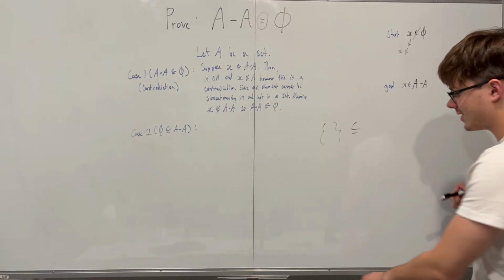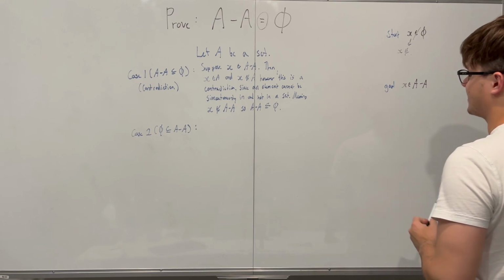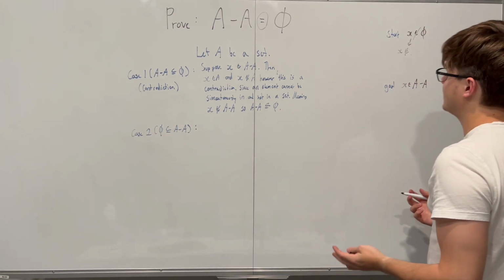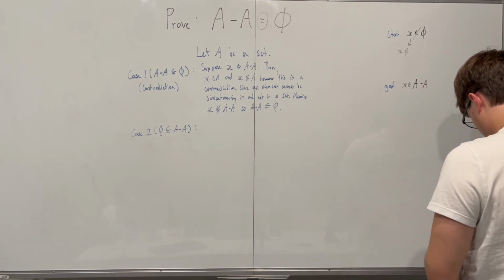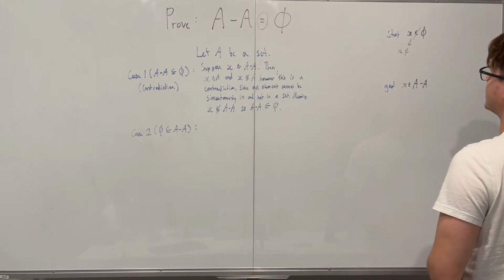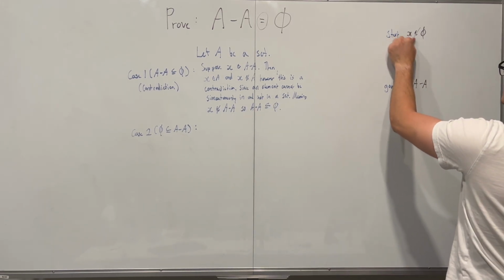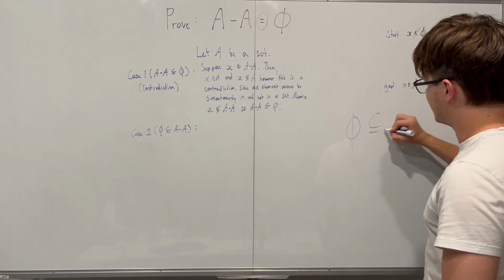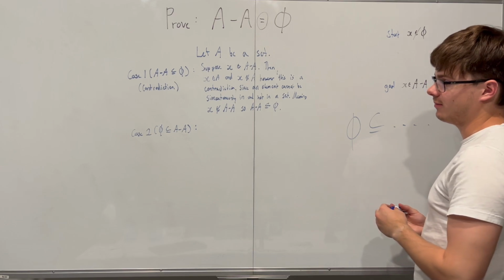Yeah, I think we can use that logic. We can say that because the empty set is a subset of any set, this is automatically true. So I guess that is a vacuous proof, or a vacuous statement. Vacuous truth? I don't know. The point is that because this is always going to be a subset of anything, this is obviously going to be true. Okay, let's put that into words.